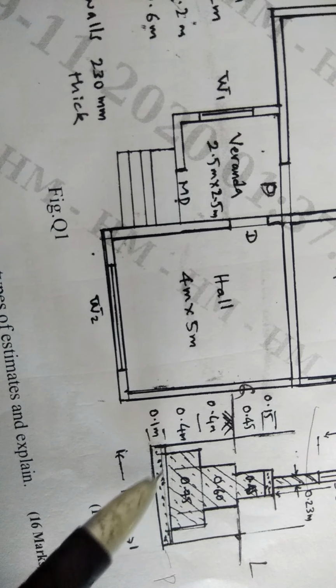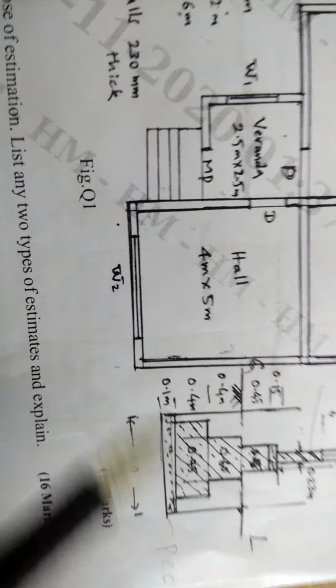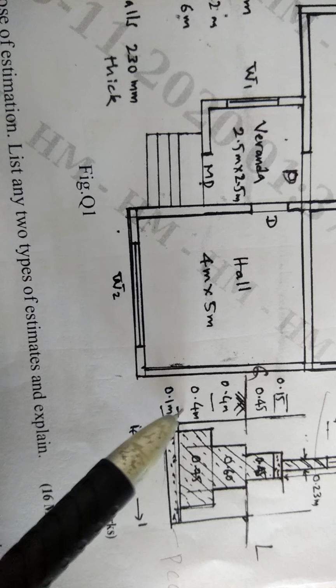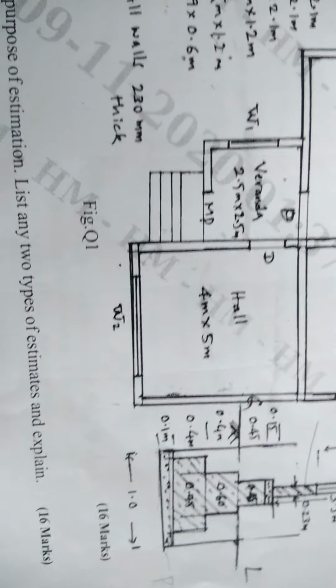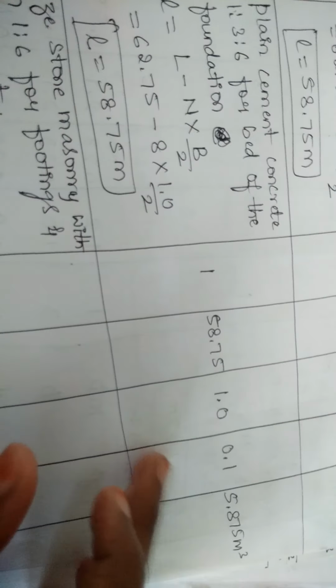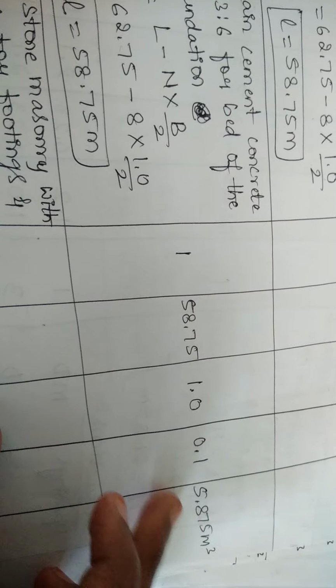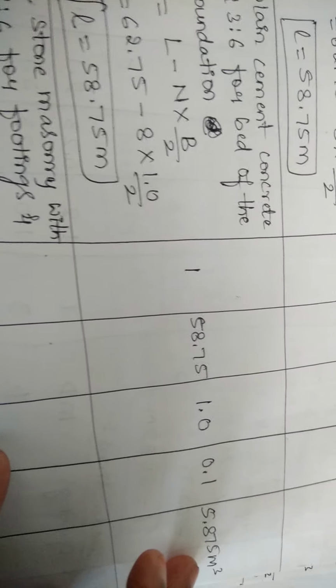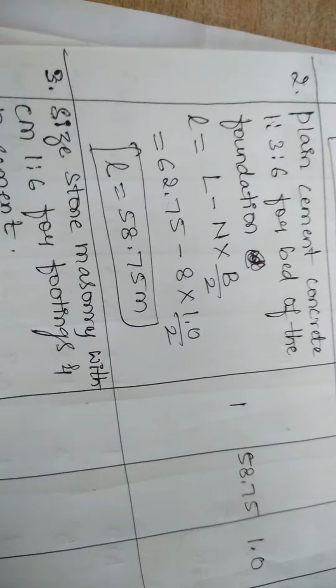So this much of portion is filled with the concrete, hence this is your PCC part, and the depth of this PCC part is 0.1 meter. So you write the value of D as 0.1 meter here. And then finally you multiply all the 4 values. After multiplying all the 4 values, you will get a value of 5.875 meter cube, which represents the quantity of the PCC here. So that completes the second item of work.